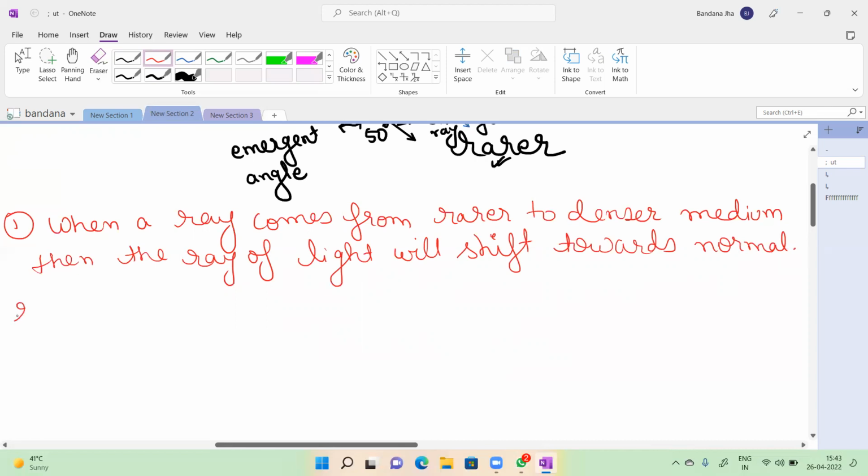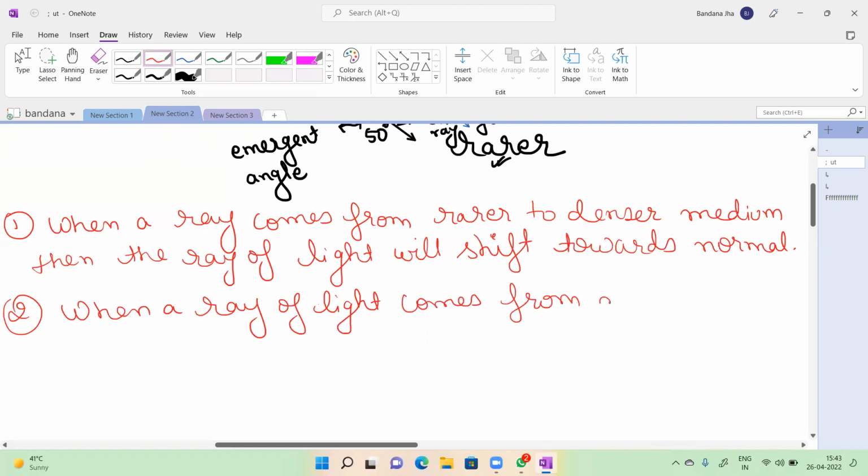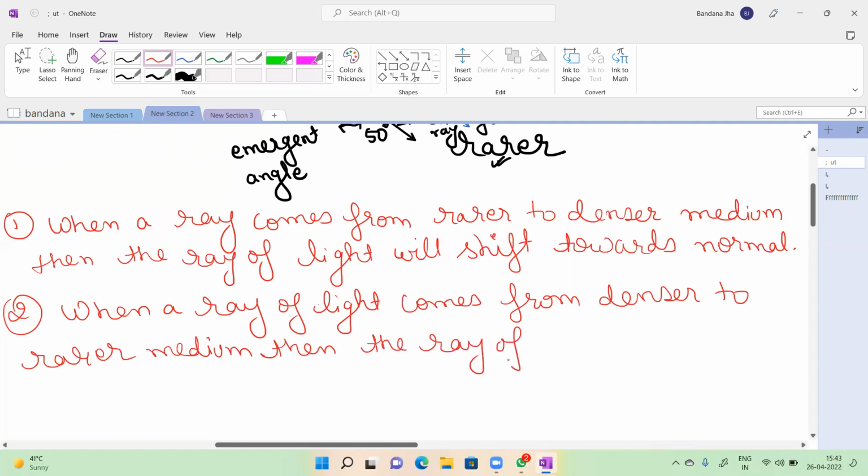First point. Second, when a ray of light comes from a denser to a rarer medium, then the ray of light will shift away from the normal.